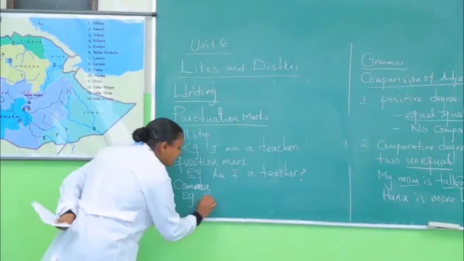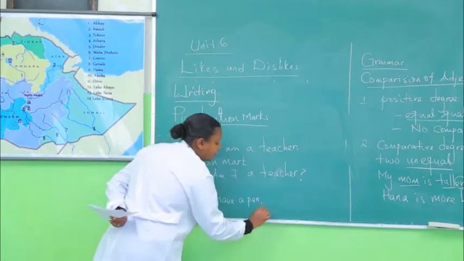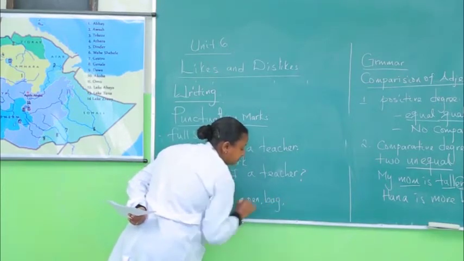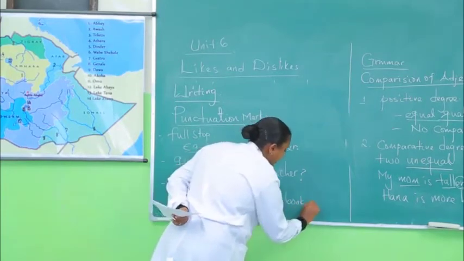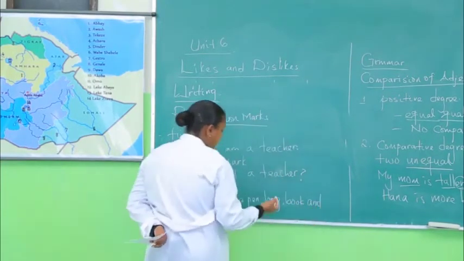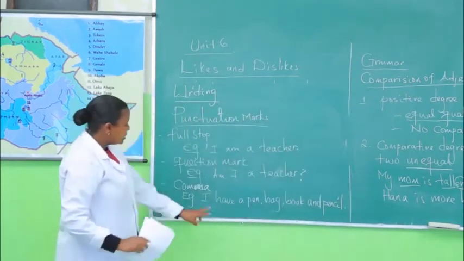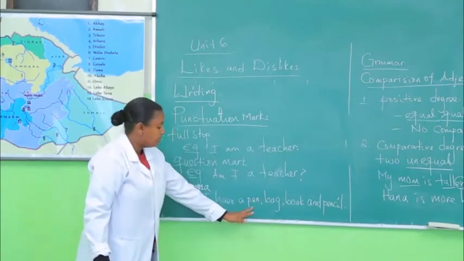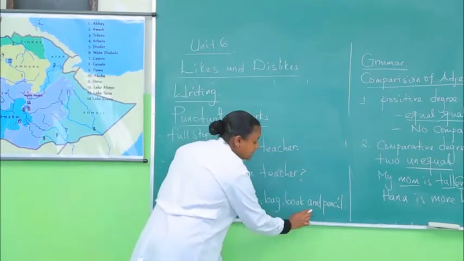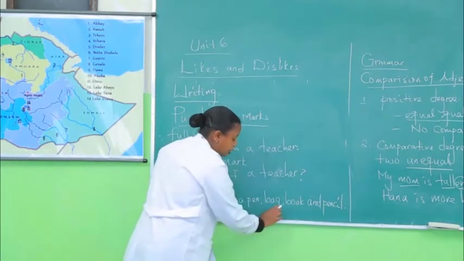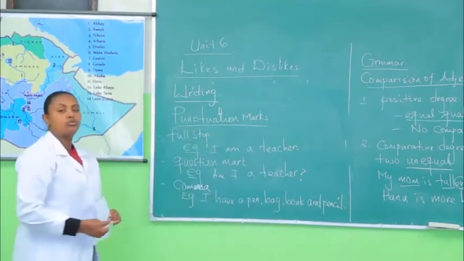Like, for example, I have a pen, a bag, a book, and pencil. So, you see, when I am listing things, pen, bag, book, and pencil. If you say and, you don't need to put a comma here. So, just simply before and, there is no comma, but if you are listing things, you are going to use a comma.